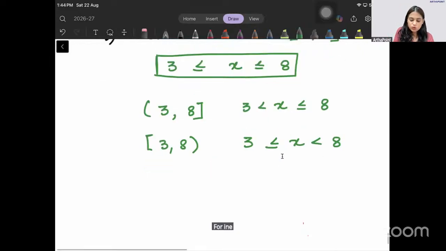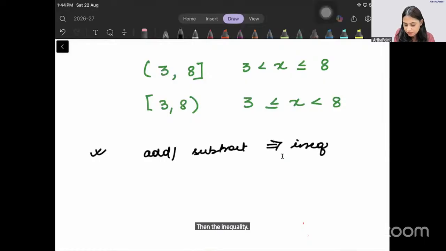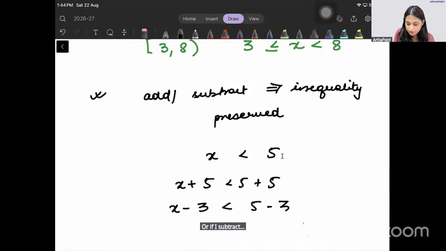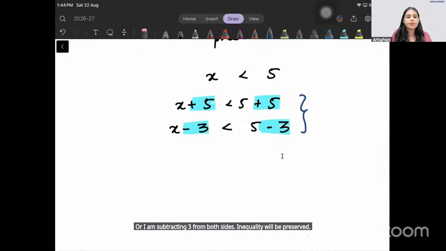For inequalities, you need to understand that whenever we add or subtract, then the inequality remains preserved. अगर मैं एक inequality में suppose x is less than 5, if I add or if I subtract, तो inequality change नहीं होगी, whether I am adding 5 on both side or I am subtracting 3 from both side, inequality will be preserved.